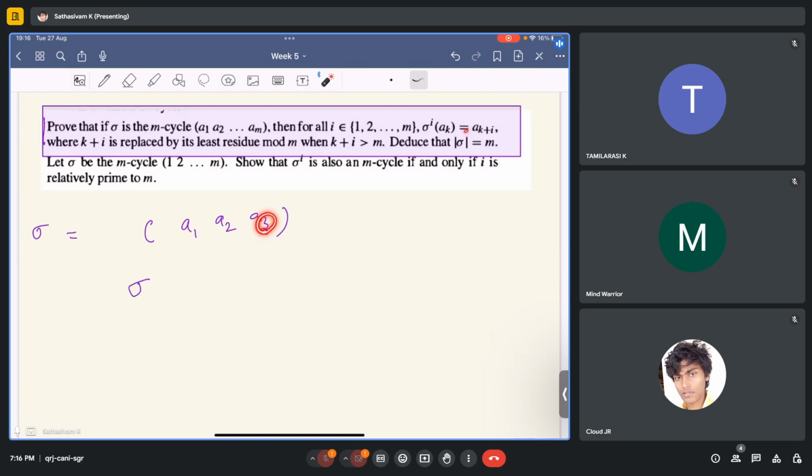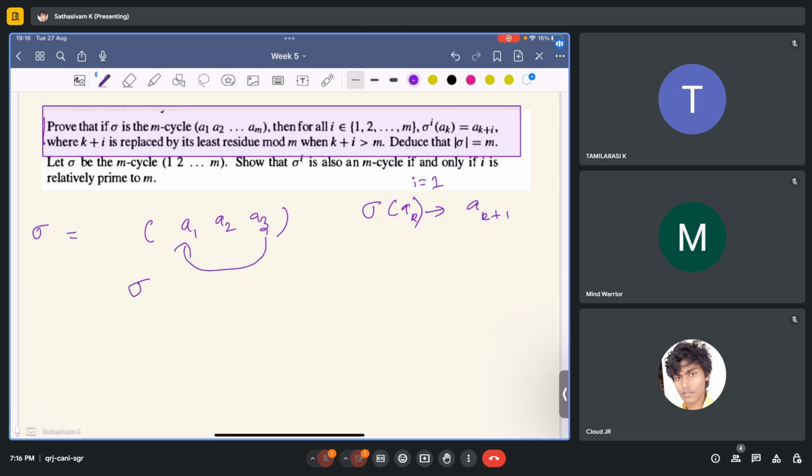So if you take i as 1, this statement says sigma of ak maps to a(k+1) when i is equal to 1. This is the statement that we have. But if you observe here, 3 does not go to 4. 3 goes to a1.